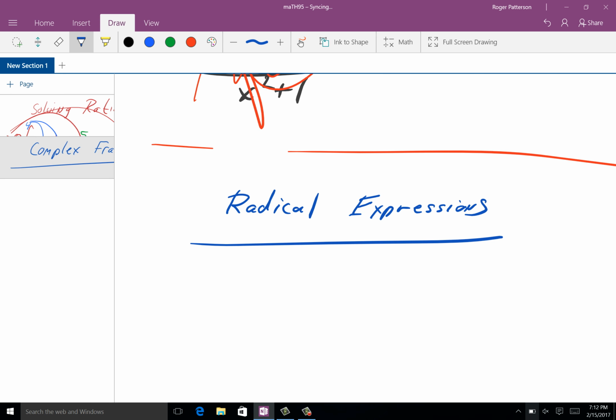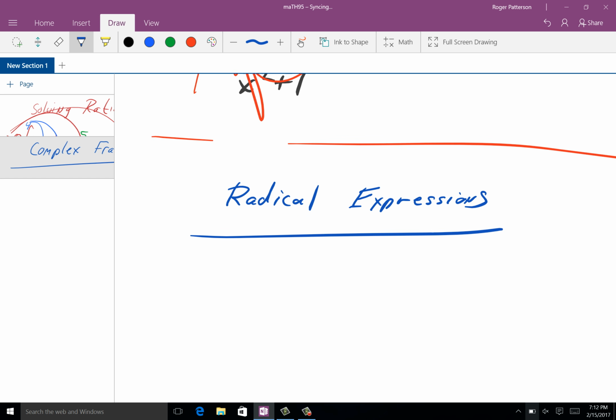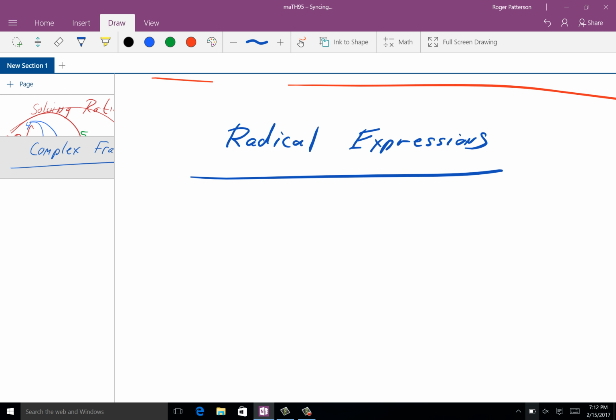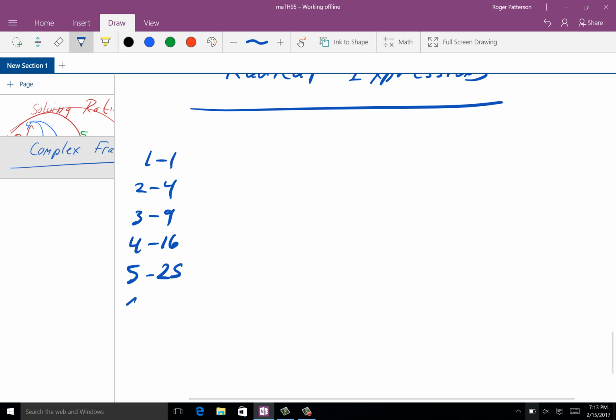There's a couple things that would really help, and you might be pretty good at this already, but if you know all of the squares, it's pretty helpful. So I'm writing them down here.